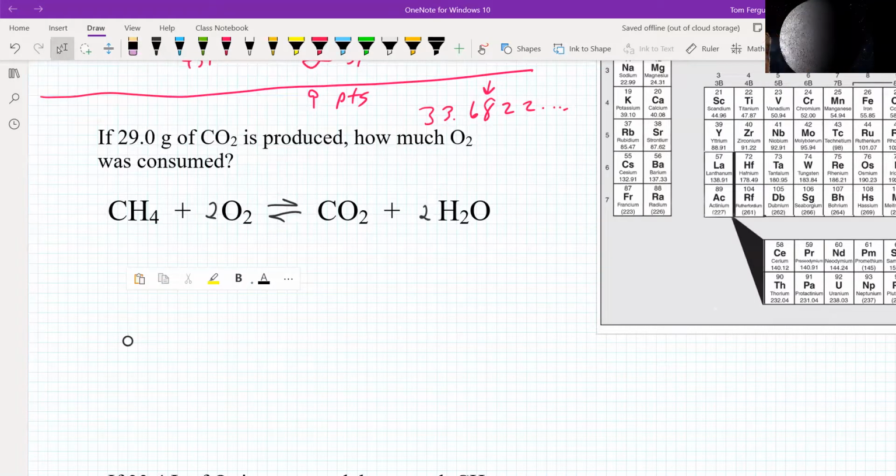All right, 29 grams of carbon dioxide is produced. How much oxygen was consumed? So we have a given. We've already balanced the equation, step number 1. Step number 2 is what's given. Step number 3 is what are we calculating?